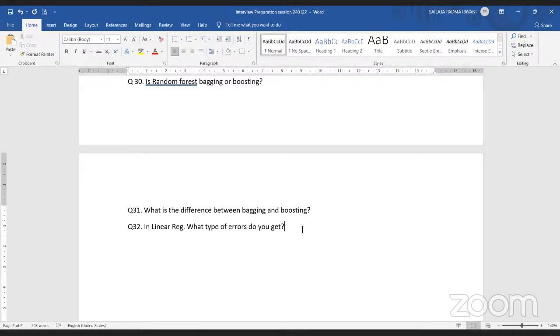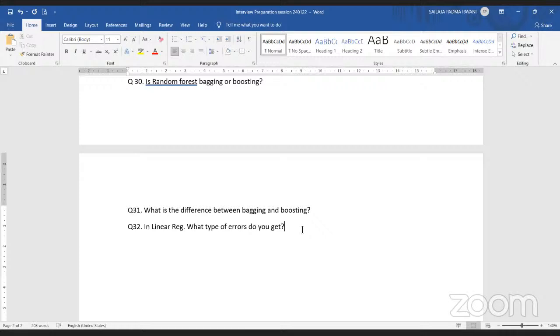In linear regression, in order to measure and solve the error, what type of metric do you use?